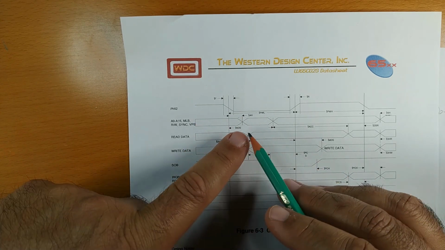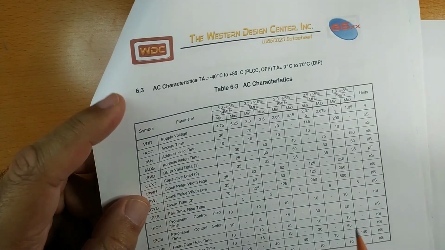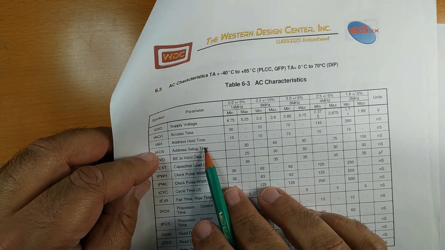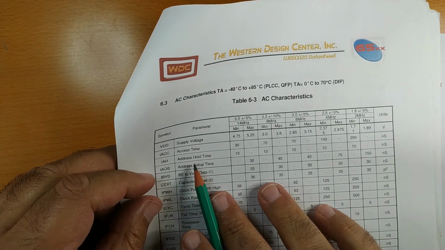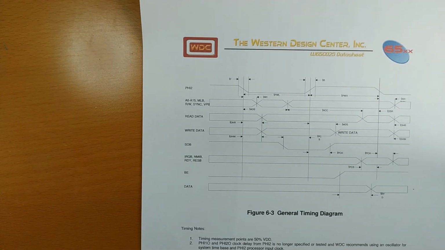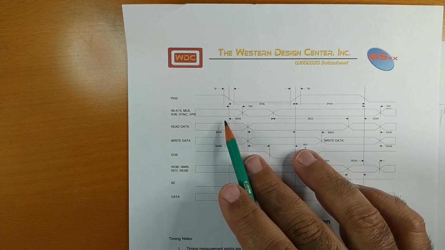And this is corroborated by TAH, which is address hold time, which means that for at least 10 nanoseconds after the falling edge of the clock, the CPU commits to keeping the old address bus valid.